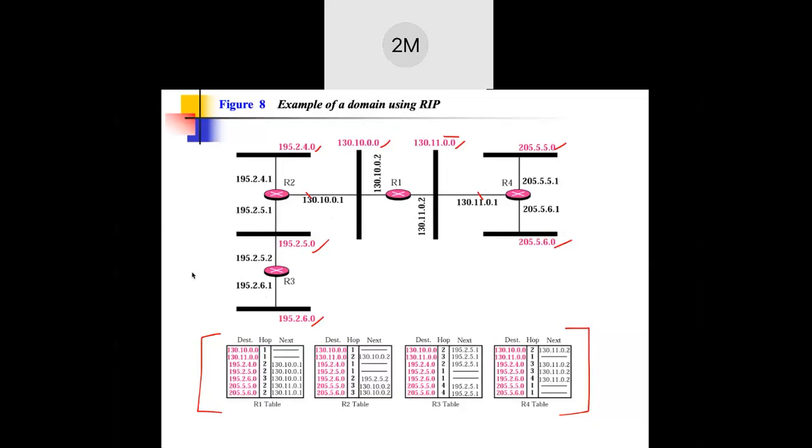If my masks are different, for class C, if I am using the mask 255.255.0.0, then this ID changes. But here, as they are using the default mask, all net IDs are the same as their classes.